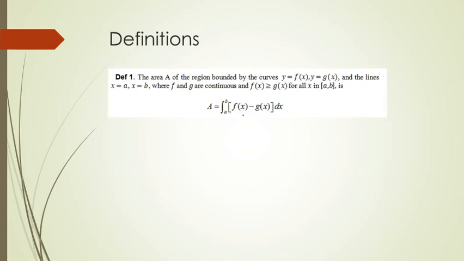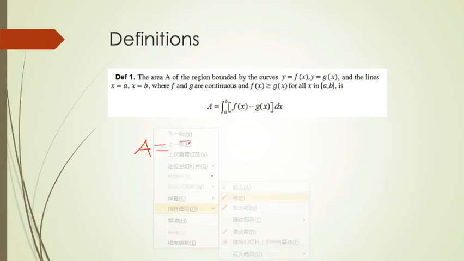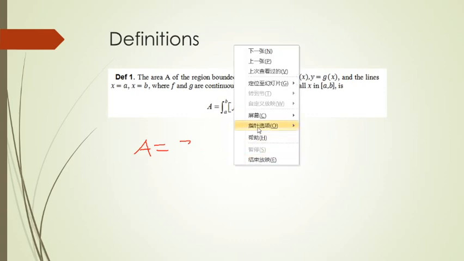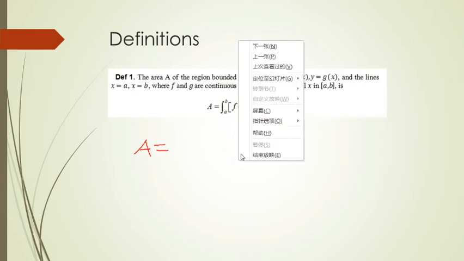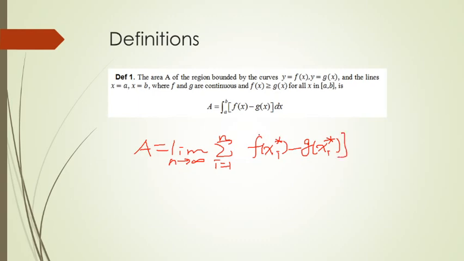with the differential dx. We can rewrite the limiting Riemann sum, similar to what we did before. So the area A will be the limit as n approaches infinity of the Riemann sum, the index i starting from 1 to n. The height for the ith rectangle will be f(xi*) minus g(xi*), times the width delta x, right?